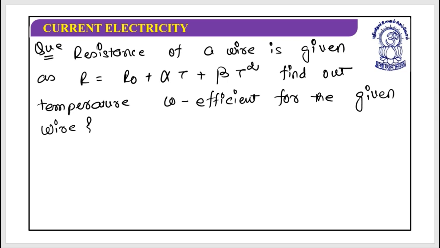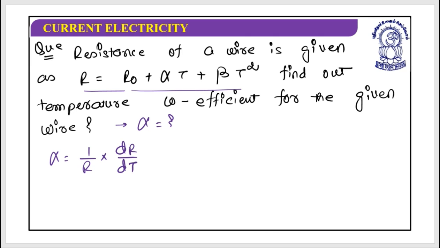I have been given the value of a resistance with respect to temperature, and as I can see, as temperature changes, my resistance will change, and I need to find out the temperature coefficient. That means I require alpha. So for alpha I can write alpha equals 1 by R multiplied by dR by dT.